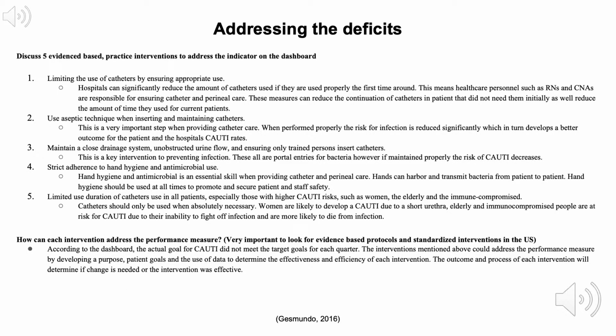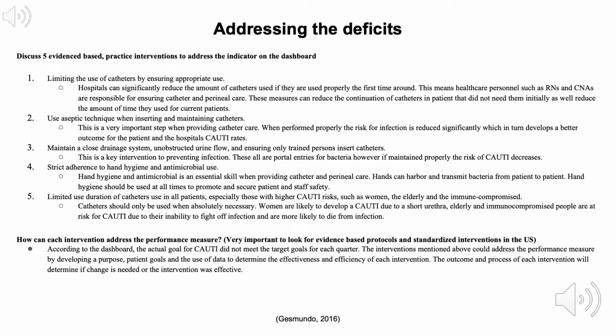The slide that I will be discussing today is addressing the deficits. The first question is, discuss 5 evidence-based practice interventions to address the indicator on the dashboard. The 5 interventions that I found from the journal titled Enhancing Nurses' Knowledge on Catheter-Associated Urinary Tract Infection Prevention.